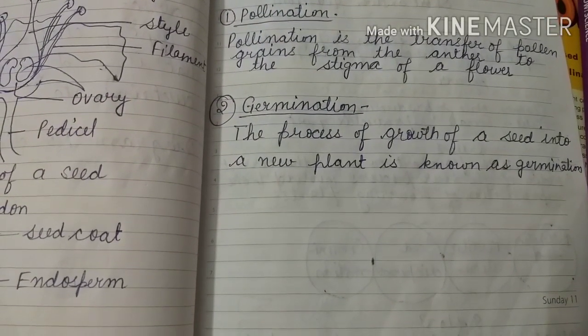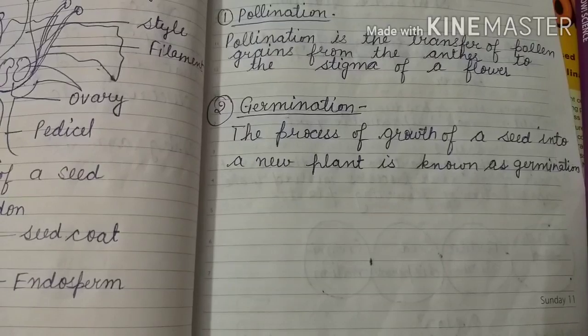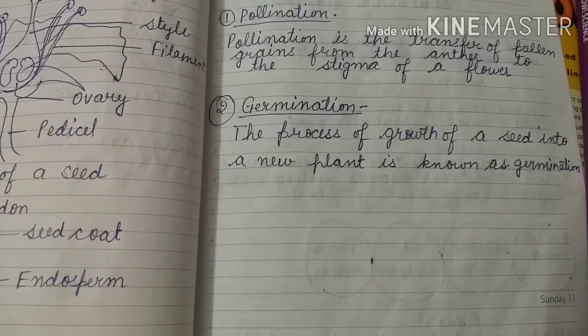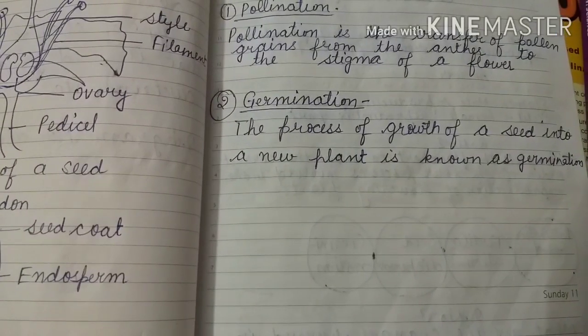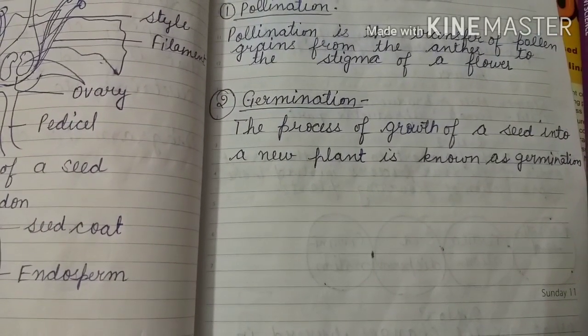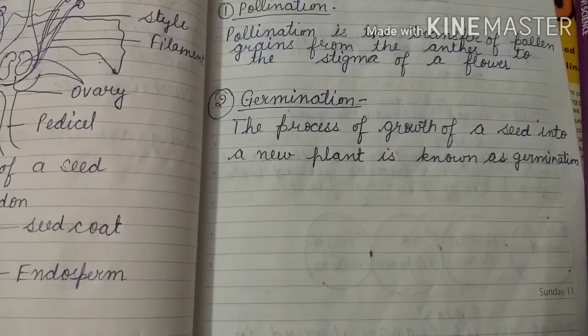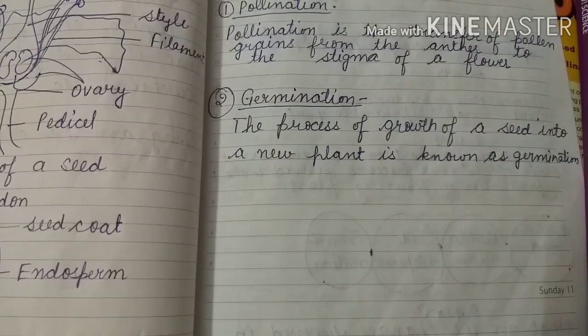The process of growth of a seed into a new plant is known as germination.